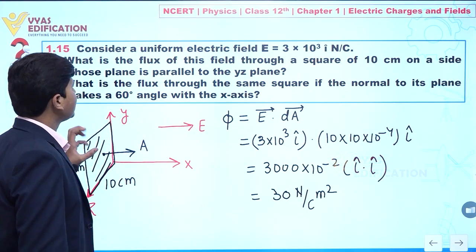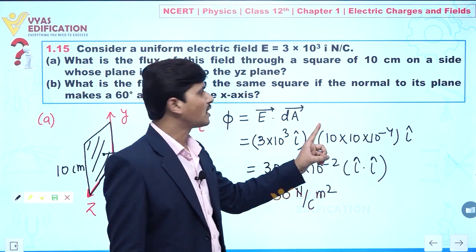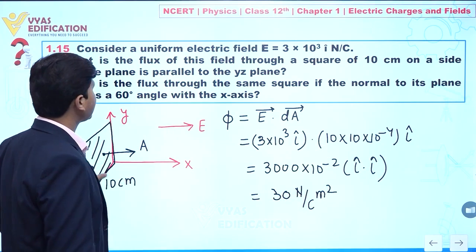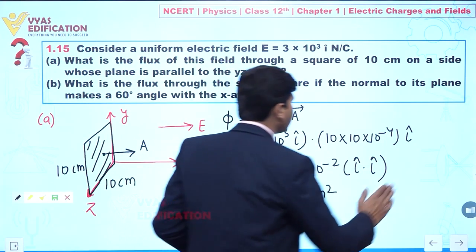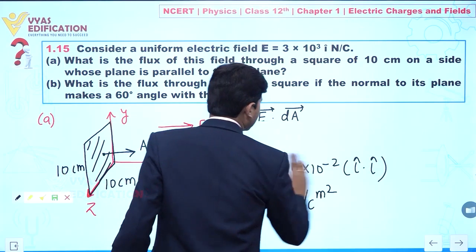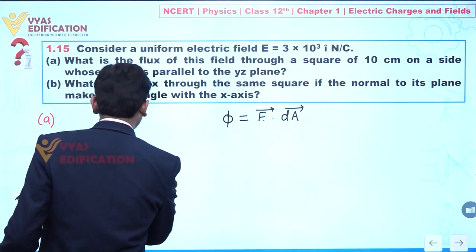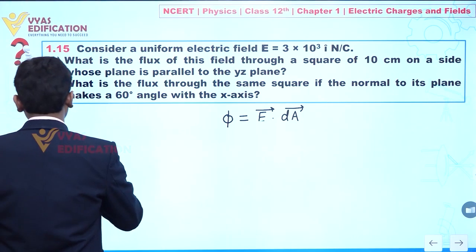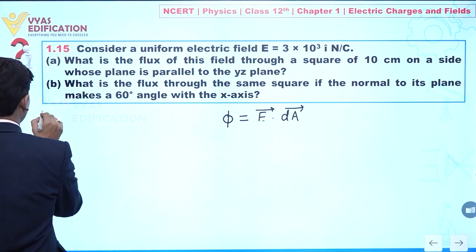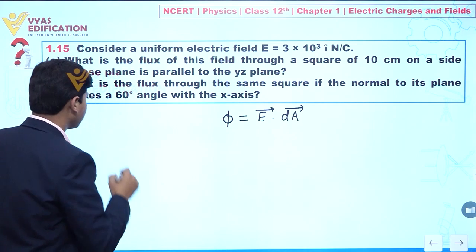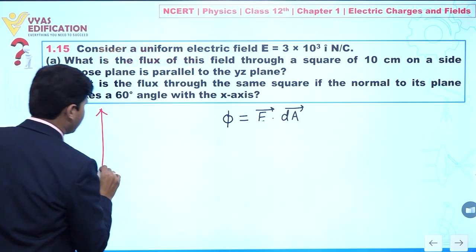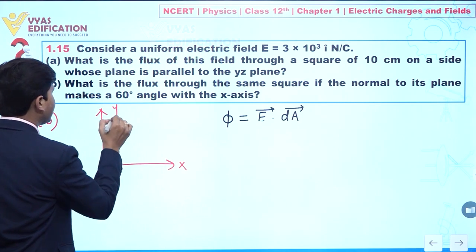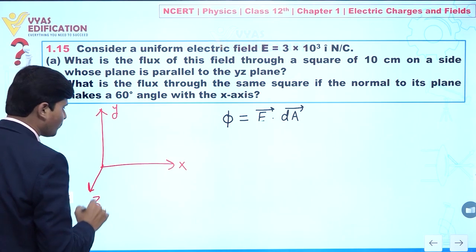Now in the second part it is given, find the flux through the same square if its normal is making 60 degree with the x axis. Clear? So now we can see the situation changes. Now if we concentrate on part B, the situation is like this. Let's suppose this is the x axis, this is the y axis and this is the z axis. Clear?